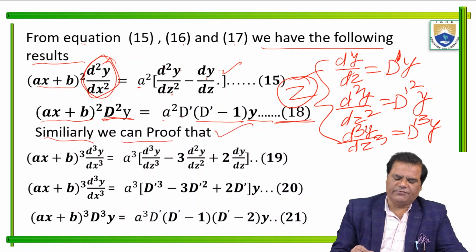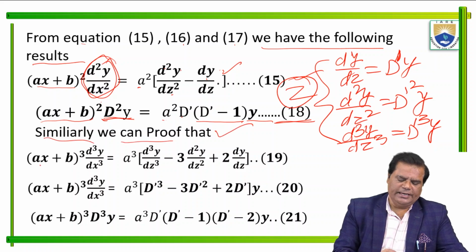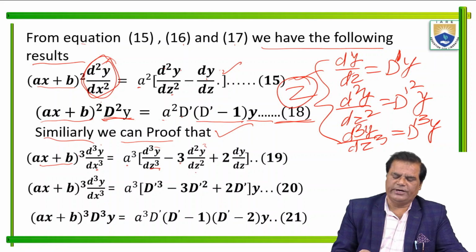Similarly, we can prove the formula (ax+b) whole cube d cube y over dx cube equal to a cube [d cube y over dz cube minus 3 d2y over dz2 plus 2 dy/dz]. This is equation number 19. I am writing this equation directly, but with the above method we can prove this result easily.